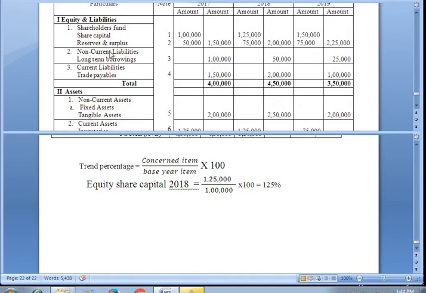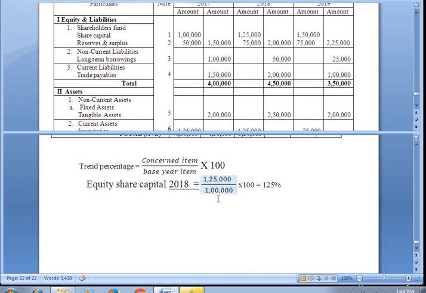In share capital we have equity share capital that you have checked in note number 1. Now 2017 is our base year, and we have to find out the percentage for 2018. Amount of share capital of 2018 is 1,25,000, and base year amount is 1 lakh.